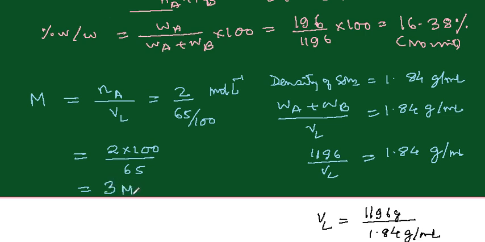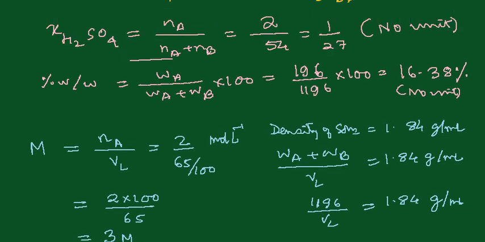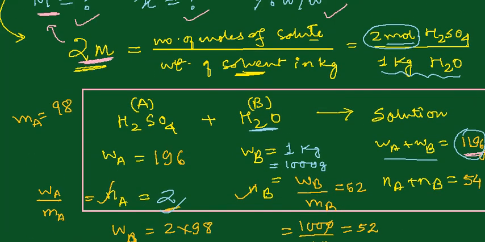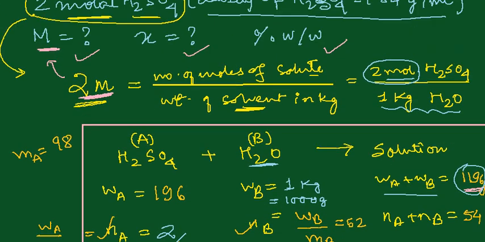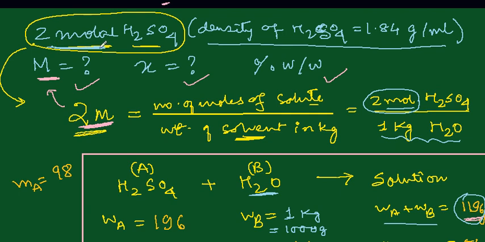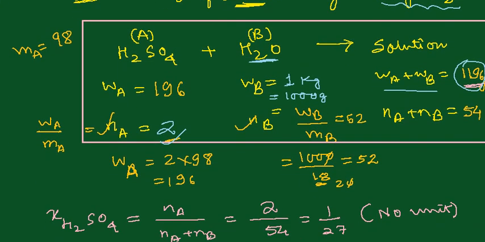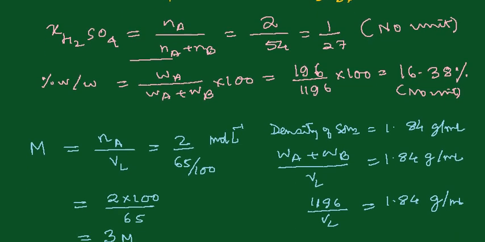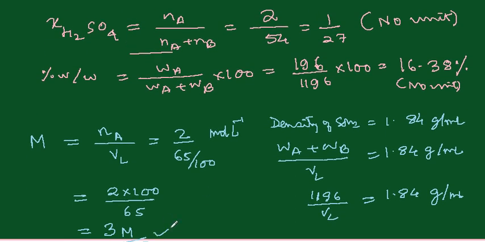So that means if you have a 2 molal sulfuric acid concentration, the molarity of that particular solution would be 3 molar.